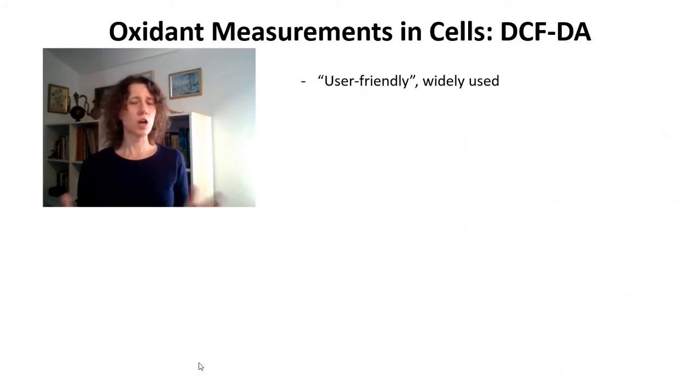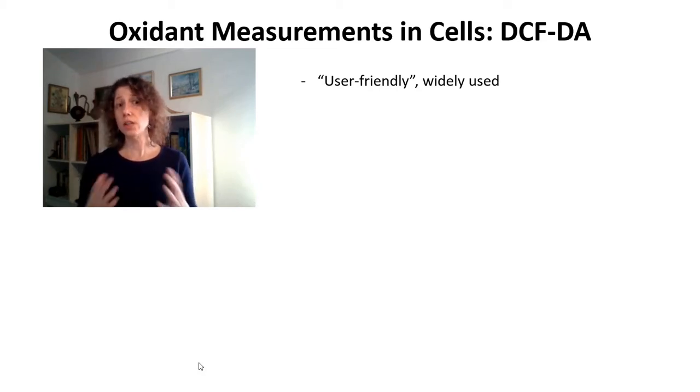So how do you measure oxidants from mitochondria? In permeabilized cells or isolated mitochondria, a good solution is to measure release of hydrogen peroxide from these mitochondria using extra mitochondrial probes, such as Amplex Red plus horseradish peroxidase, which I showed you traces of earlier.